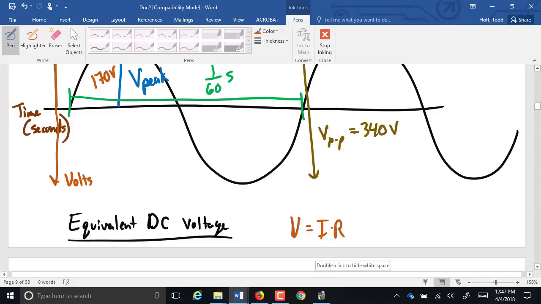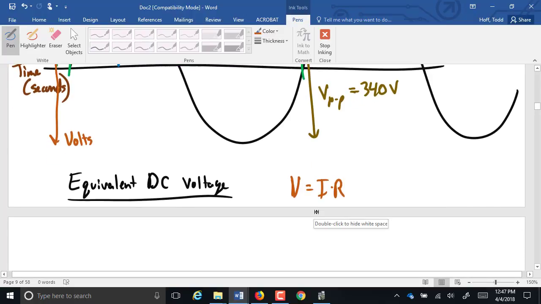In fact, the abbreviation V for voltage is a DC term. When we talk about AC current, we usually use what letter? E. E is for electromotive force, is what that stands for, EMF.